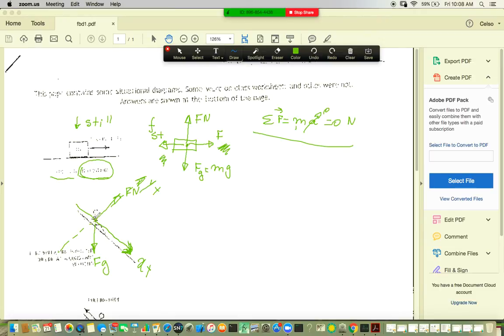So if there is friction, you have some resistance to the motion that's called friction. Because there is motion, it must be kinetic. And because it's kinetic, it has an expression: coefficient of kinetic friction times the normal force.